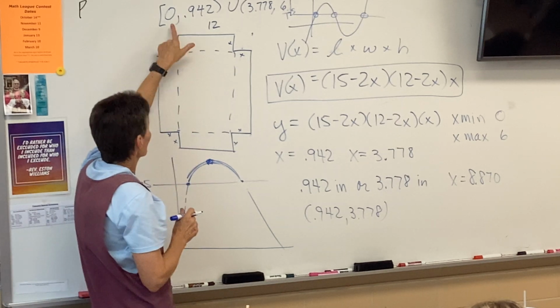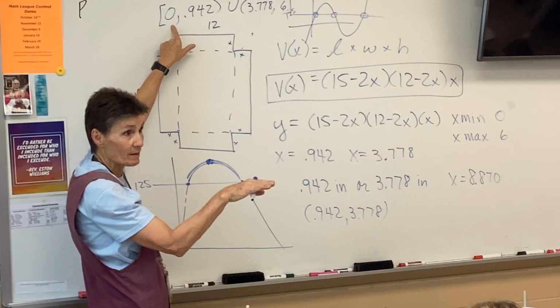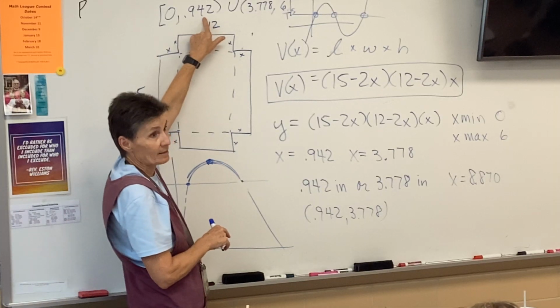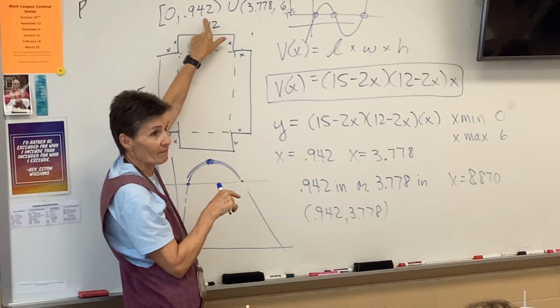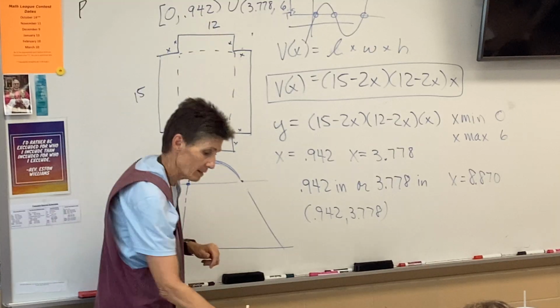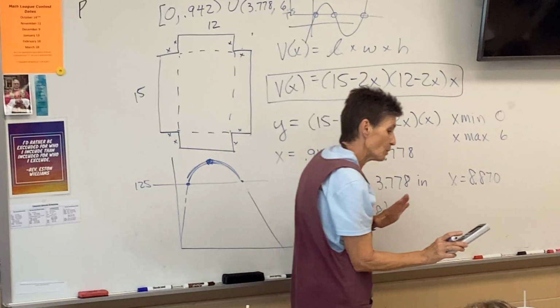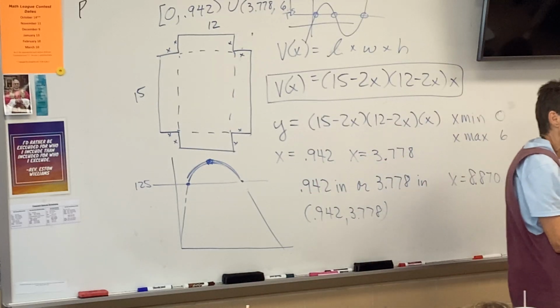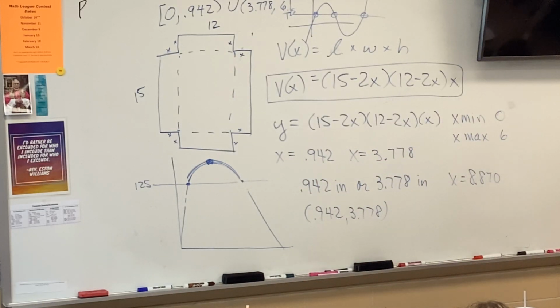So this number gives me a number less than 125. This one does not. This one gives me 125. Right? Yeah. So my maximum volume is 177.234 cubic inches. And that happens when I let my cutout pieces be 2.209 inches.